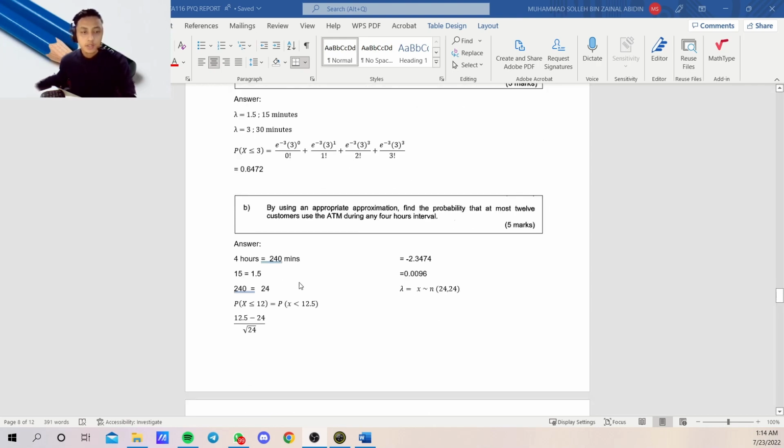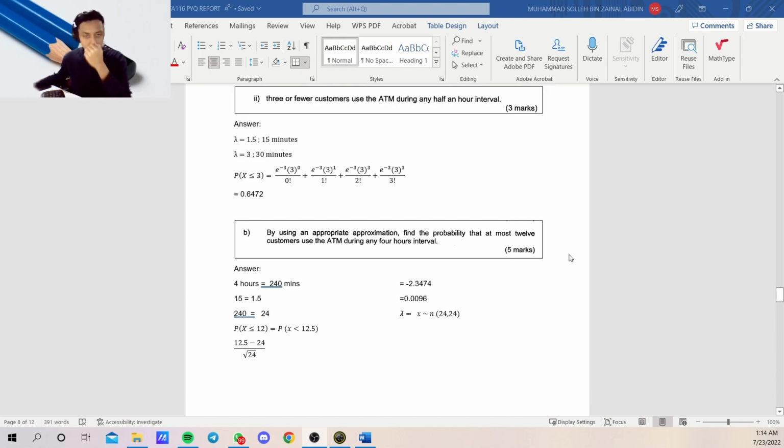Alright, for the last question, B. By using an appropriate approximation, find the probability that at most 12 customers use the ATM during any 4 hours interval. Alright, so just like we found out that there are 1.5 customers every 15 minutes.